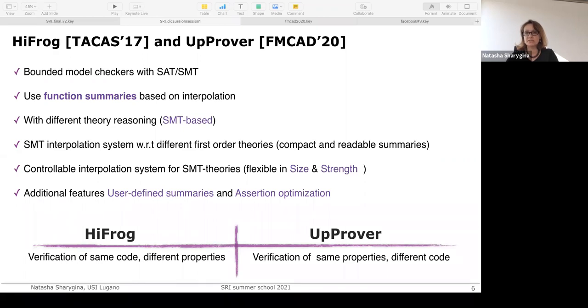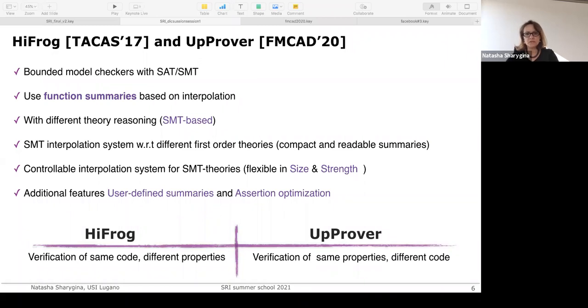It's called function summarization. So we compute summaries, computational histories of the program, which could be reused in incremental runs to speed up verification and simplify the reasoning. This summarization is fully automatic, and we are using Craig interpolation to help us compute it.